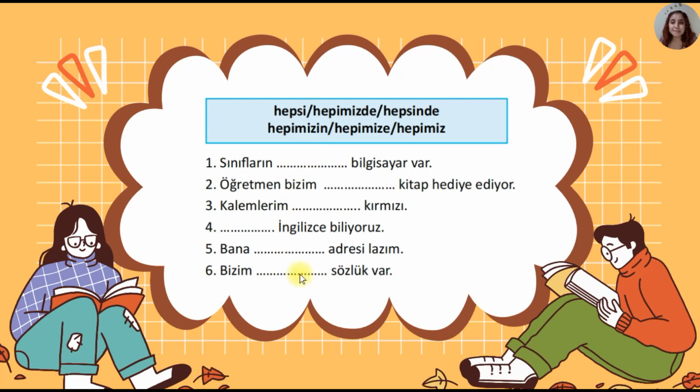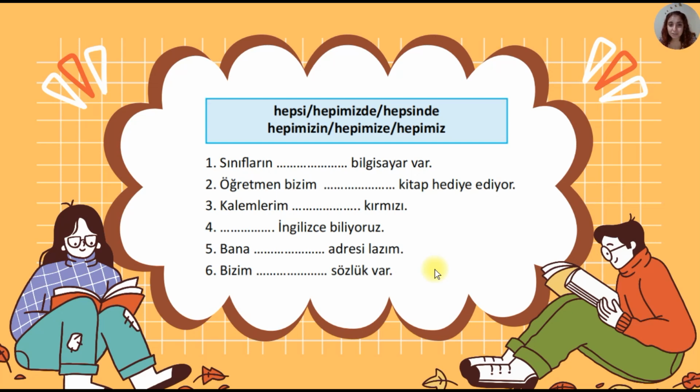Bizim hepimizde sözlük var. We all have a dictionary. Bizim hepimizde sözlük var. Do you remember this locative is in, on, at. And if we want to say I have, we say mainly on me. For example, we ask questions like that. Sende sözlük var mı? Do you have a dictionary?